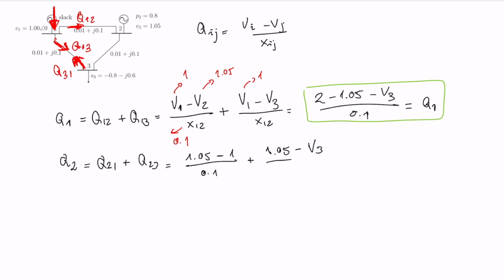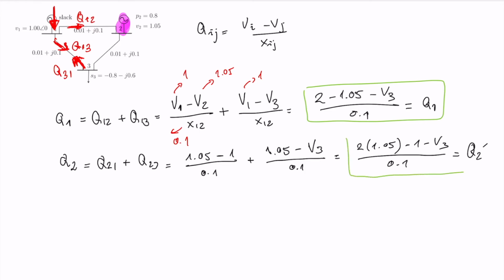So this is a decision in my problem, divided by 0.1. So this is equal to 2 times 1.05 minus 1 minus B3 divided by 0.1, and this is equal to Q2. In this case we don't know what is the injection in node number 2, so I keep Q2 as a variable. So this is another equation.